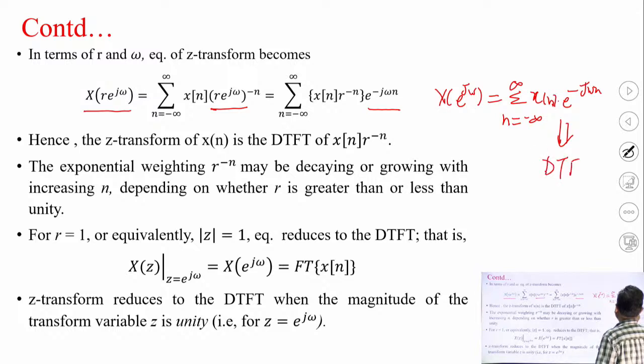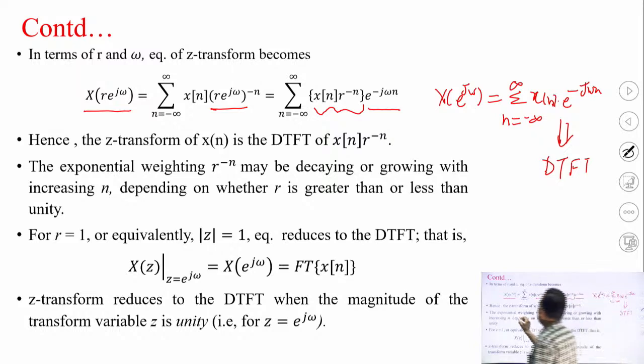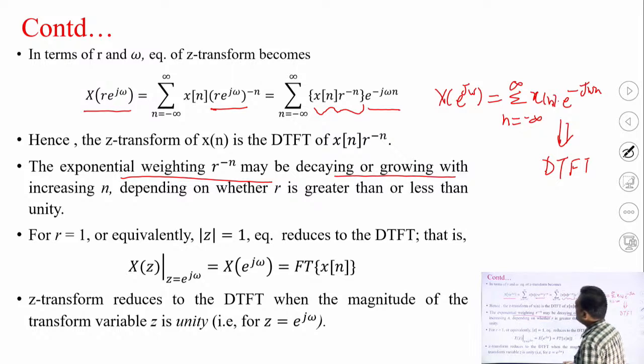If you compare it with this, you will find that the z transform is nothing but the Fourier transform of the signal x[n] r^(-n) rather than x[n]. This term r is an exponentially weighting function which may be decaying or growing with increasing n, depending on whether r is greater than or less than unity.